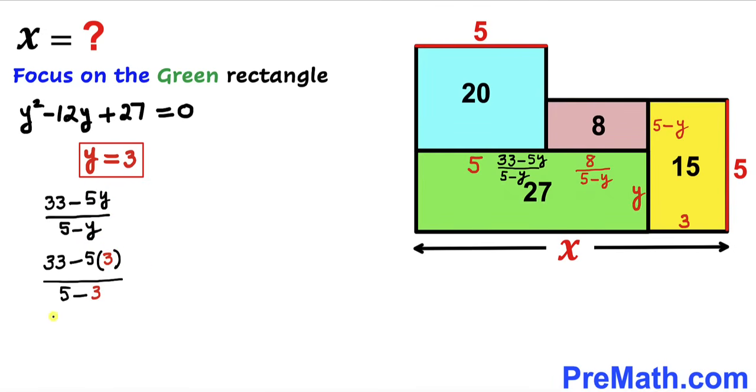Let's go ahead and simplify. That is going to give us (33 minus 15) divided by 2, and this on the top is going to be 18 divided by 2. That means that is going to give us 9. So therefore we can see that this side length of the green rectangle turns out to be 9 units.